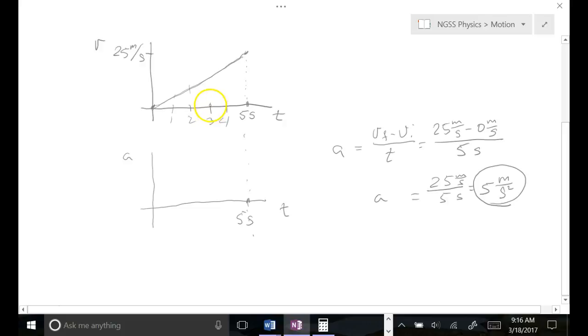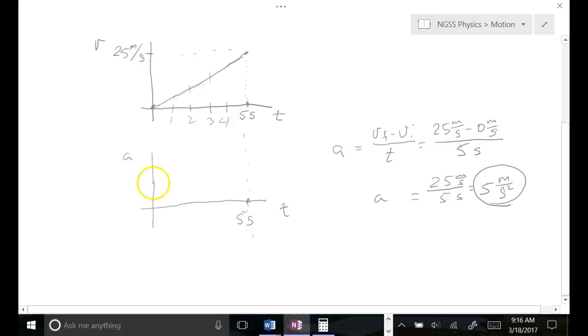After 3 seconds, I would be at 15 meters per second. After 4 seconds, I'd be at 20 meters per second. And finally, at 5 seconds, I'm at 25 meters per second. So the acceleration is just the amount of velocity that's added to your motion for every single second that passes.